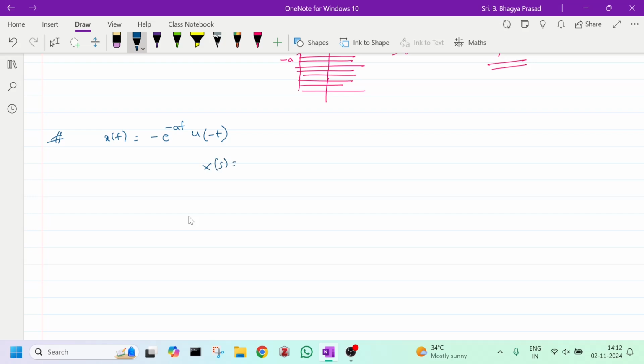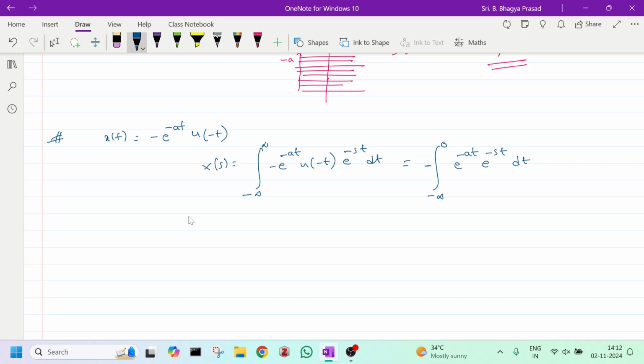X of s is the integral from minus infinity to infinity of minus e power minus at u of minus t e power minus st dt. Because of this u of minus t, let me rewrite this: it is from minus infinity to 0, minus e power minus at e power minus st dt.